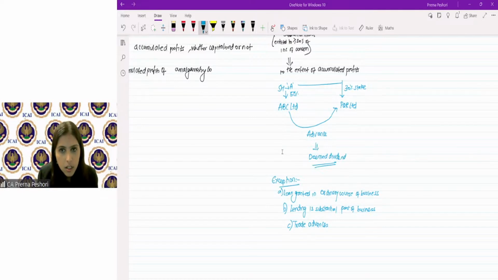Are we getting that? So that will in fact not be considered as deemed dividend. Clear? So these are the exceptions to the deemed dividend.